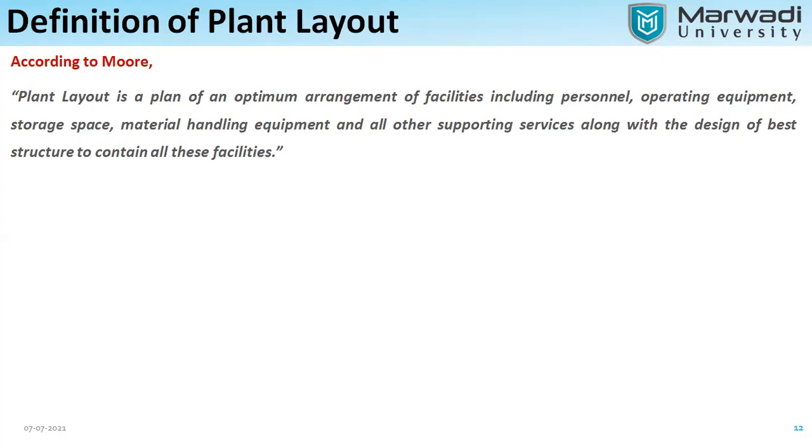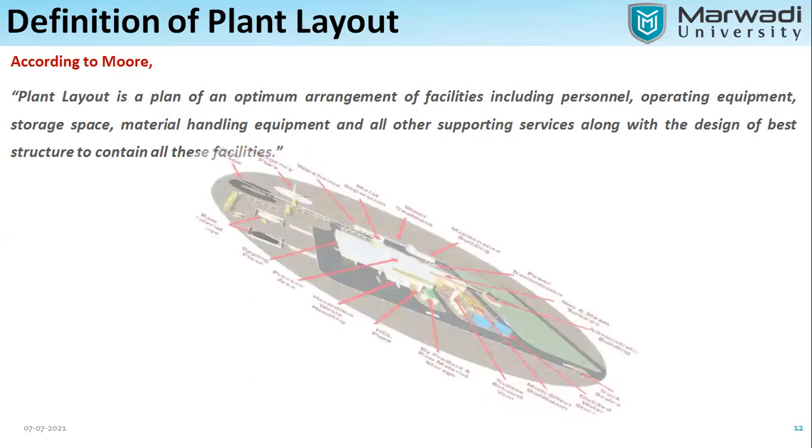So you have a plant layout with the optimum arrangement of all the facilities, including personnel and operating equipment, storage space, material handling equipment, and all the other services, decided with respect to the design of the best structure to contain these facilities.